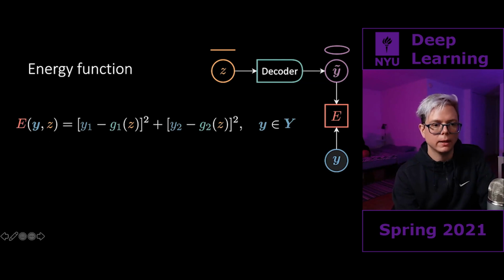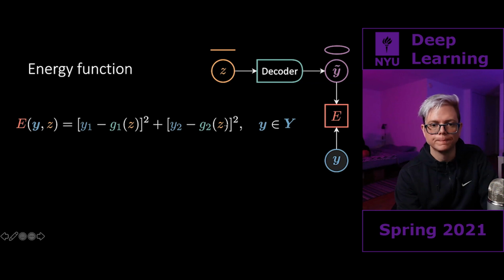And so this energy function is going to have the following equation. My energy function E, as a function of a single observation, bold Y, and the given latent Z, is going to be the sum of the squared Euclidean distance between the first component of Y and the first component of Y tilde, which is the G1 function of Z, and then the squared Euclidean distance between the second component of Y and the second component of this Y tilde, right?